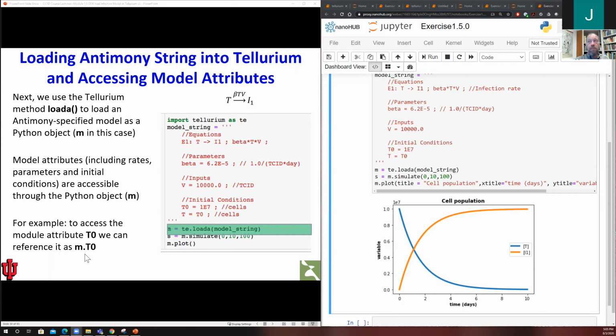More interestingly, m.e1 will give me the derivative. That will return beta times t times v. And I can use this either on the left-hand side of an equal sign, to set that value equal to something, or on the right-hand side to read it out. And so everything that lives inside of my Antimony model is directly accessible through Python with just a single dot. Okay? And we'll have plenty of practice doing that.